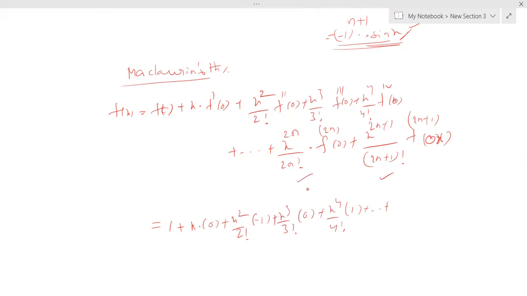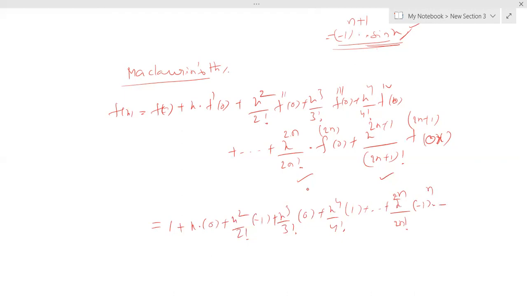The last before term is x power 2n by 2n factorial into the 2n-th derivative, which means minus 1 whole power n into cos 0.